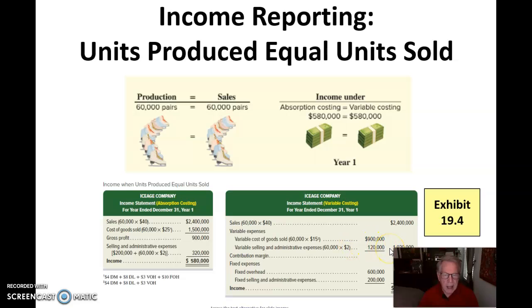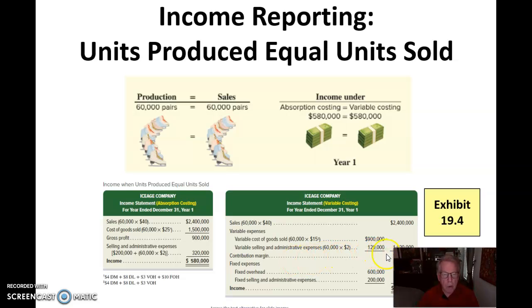So together, that means we have 1,020,000 of variable expenses. We call that the contribution margin. And that contribution margin is 1,380,000. It is not gross profit. Gross profit is absorption costing only. Contribution margin is variable costing.